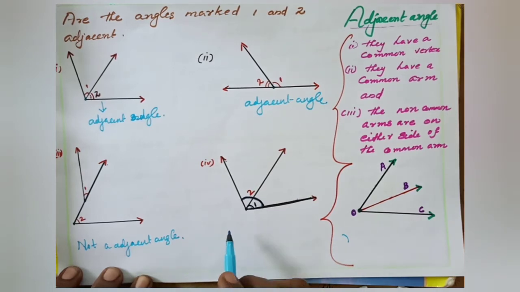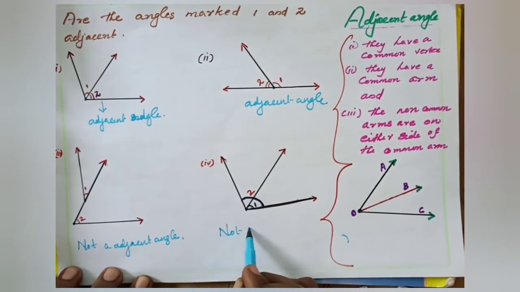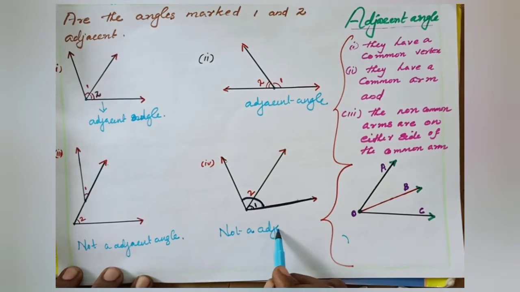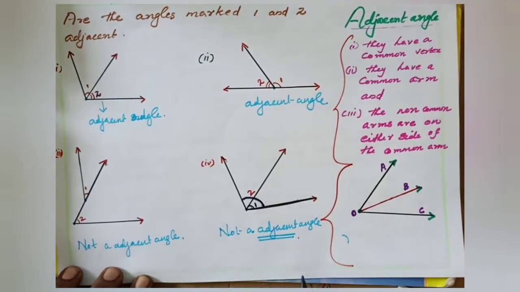So this also is not an adjacent angle. So to identify adjacent angles, they must satisfy three conditions: a common vertex, a common arm, and non-common arms on either side of the common arm. Okay.